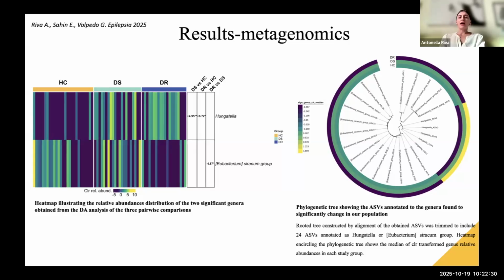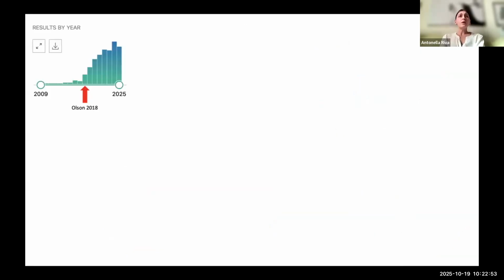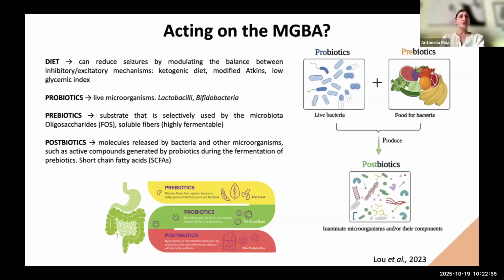We can act on the gut microbiota. So one first step is for sure the diet. So the ketogenic diet, which has been long known as a treatment for drug-resistant epilepsy, or variants of the ketogenic diet, but also probiotics, which are live microorganisms which, if administered in adequate amount, can reach the gut.